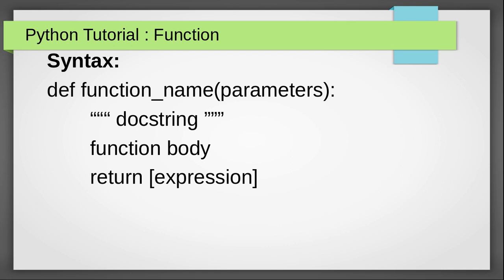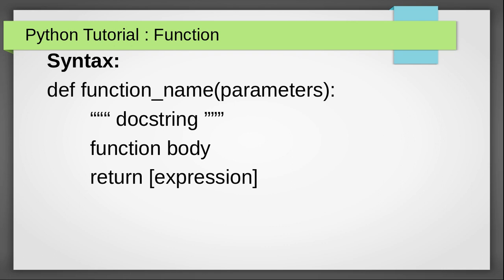Sometimes we need to receive values from another function, so the parameters are used to receive the values from another function. And the last part is the colon. So the function header contains four parts: the keyword def, followed by the function name, parameters, and colon. Sometimes the parameters are optional.